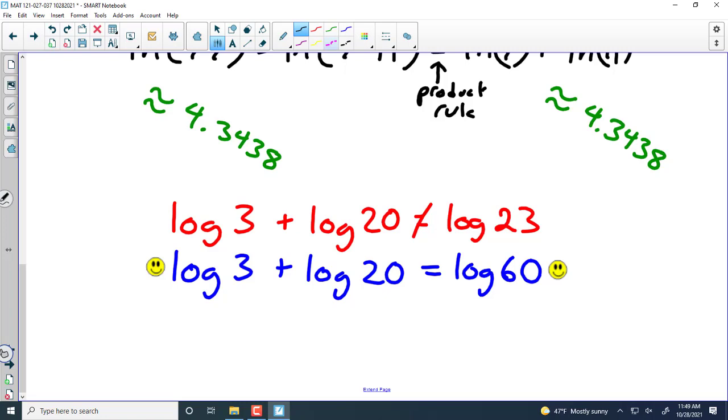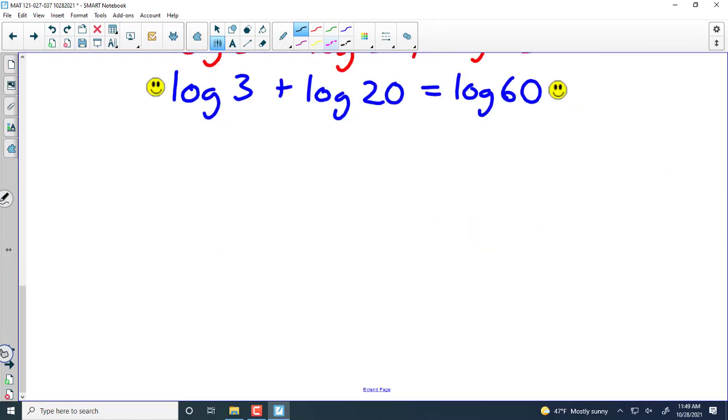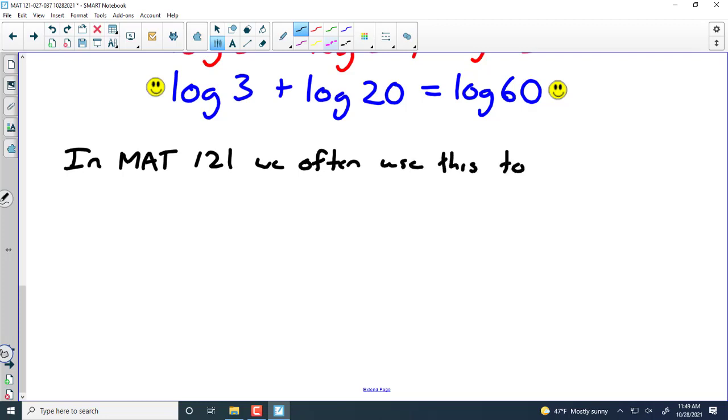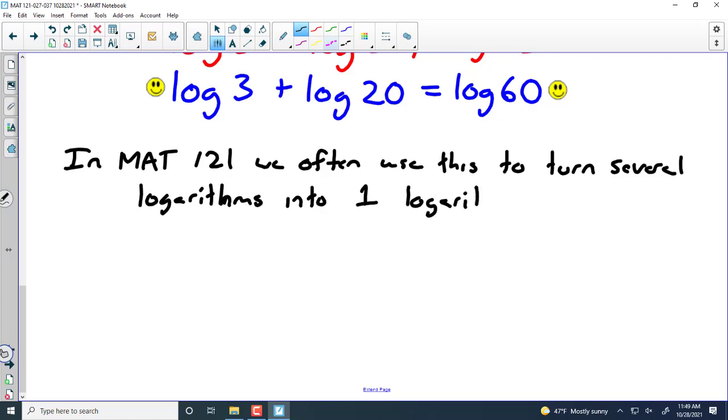Okay, one reason this is so helpful to us is in Math 121, we often use this to turn several logarithms into one logarithm. This is how we use this in this class, everyone.